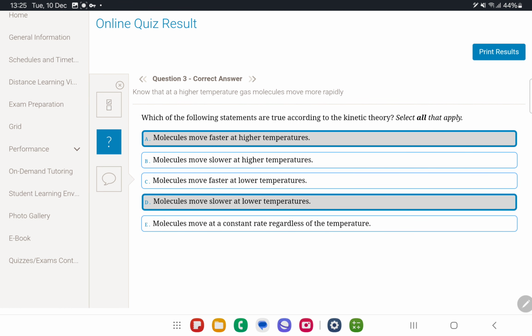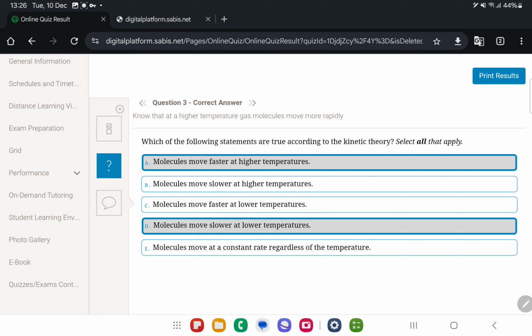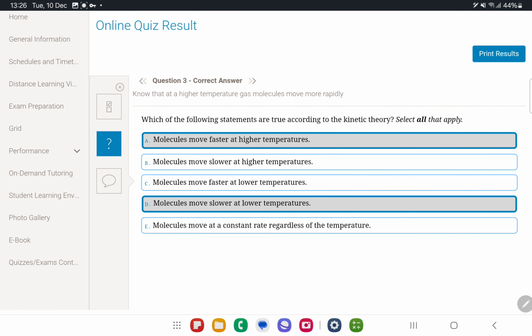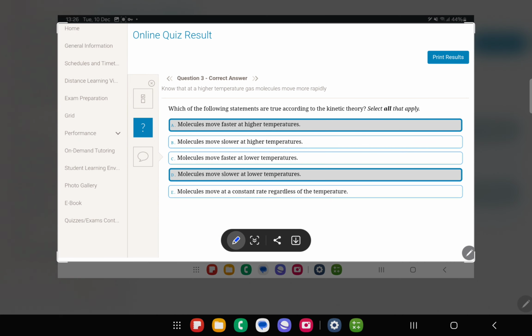Okay, now for this question, which of the following statements are true according to the kinetic theory? Select all that apply. Okay, this is just basically logic. We know molecules move faster at higher temperatures and move slower at lower temperatures. If you melt something, the molecules that are tightly packed will start moving really quickly, and it will spread out.